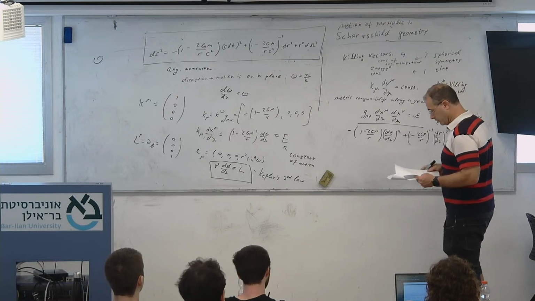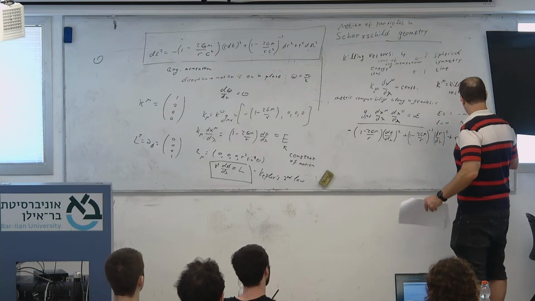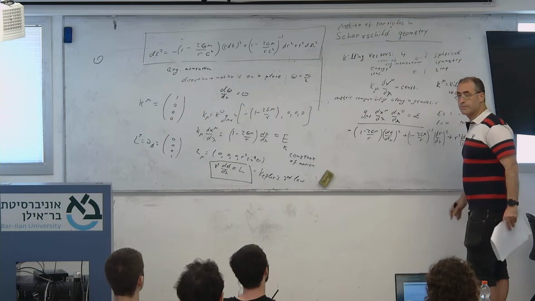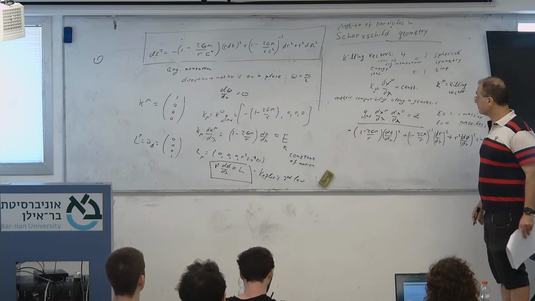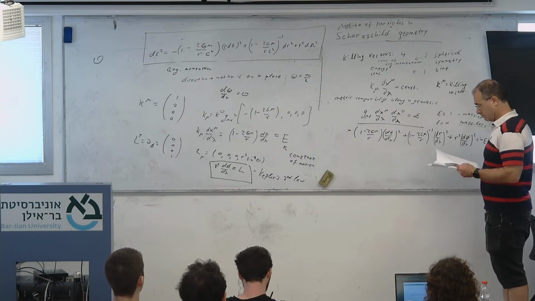Oh, I didn't forget it. Sorry, it should be equal to minus epsilon. Epsilon can be either 0 or 1.